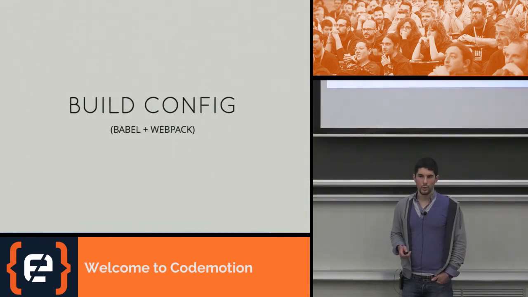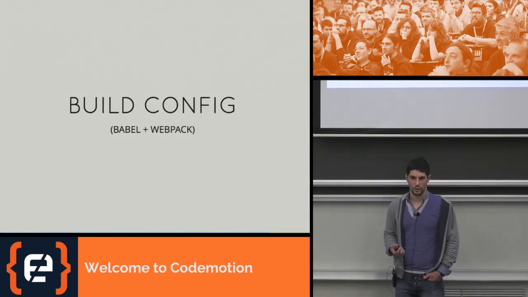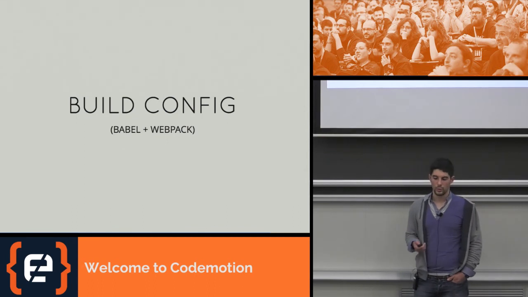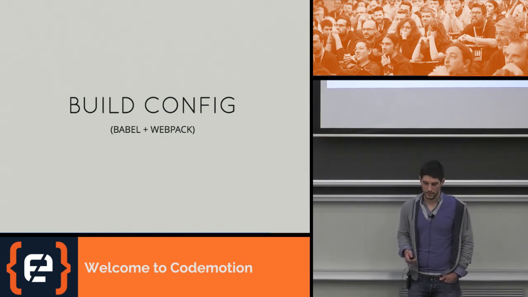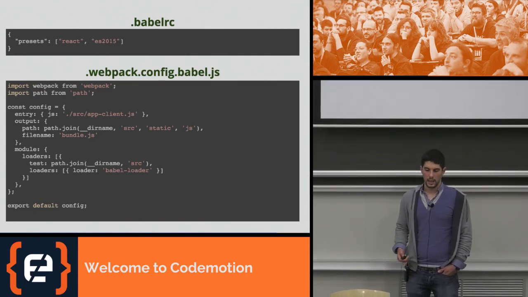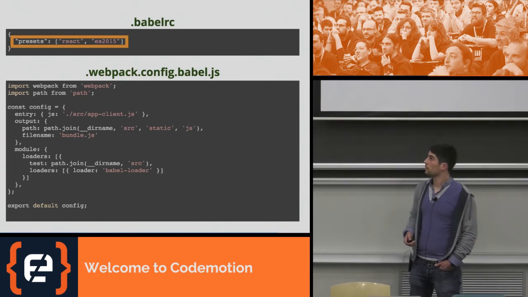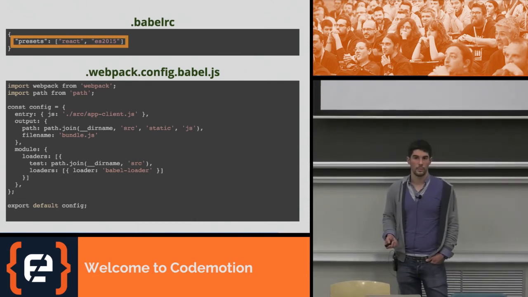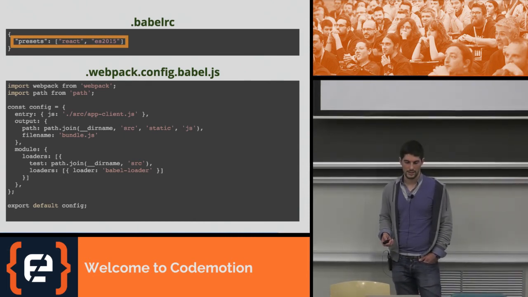So, okay, how do we build this packaged version of our application? In order to do that, we use Babel and Webpack. So we need to provide a meaningful configuration for Babel and for Webpack. In the case of Babel, it's very simple because we are using some standard extensions of the JavaScript language.